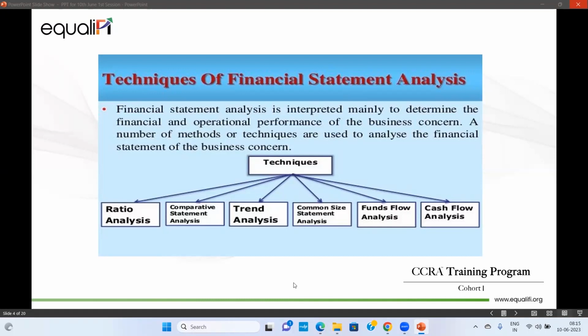And why do we compare peers? What is the purpose of doing peer comparison? So normally there are certain benchmark figures for a particular sector.